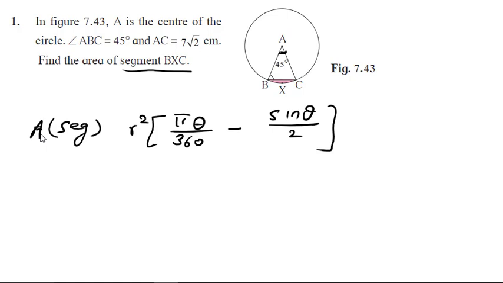So I use this formula directly, or I first find area of sector, R square pi theta upon 360, this is area of sector, and half R square sin theta, this is area of triangle ABC, in which case this angle theta is this central angle.